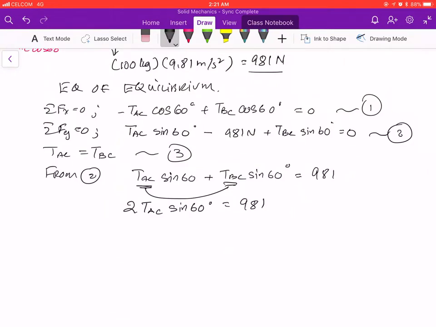So TAC equals 981 divided by 2 sine of 60.